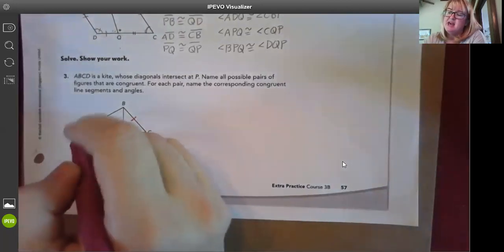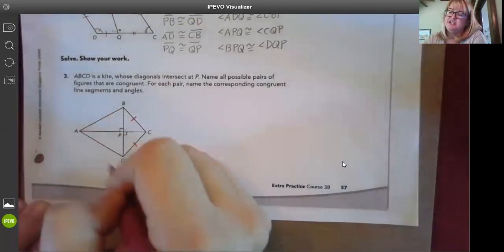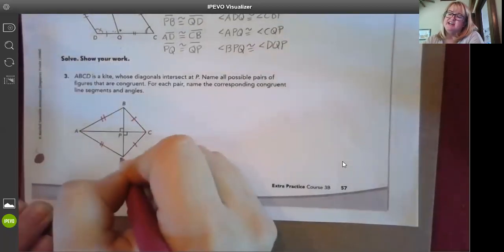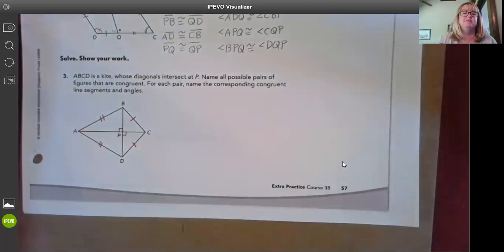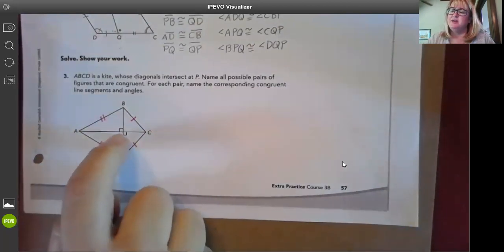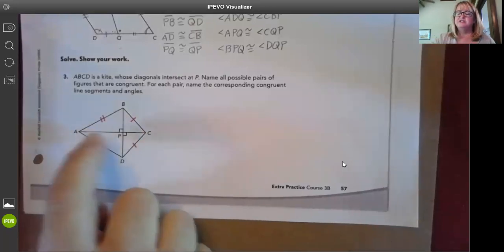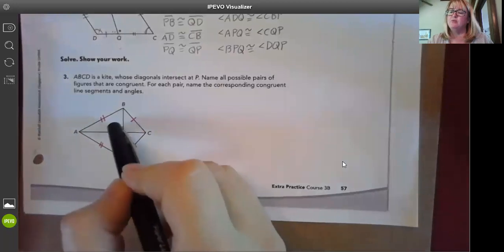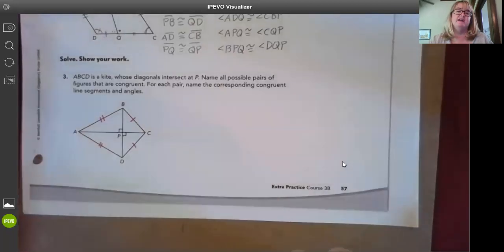And then BA and AD, they're adjacent, so they're the same length. So you've got 2 short sides and 2 long sides that are the same length. And then it says the diagonals intersect at P. And where they intersect, when you have a kite, they make right angles. So you have 4 right angles.